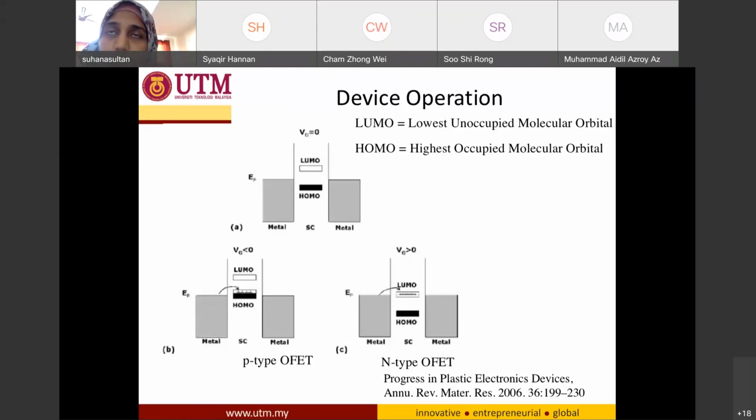In inorganic semiconductor, once electrons achieve a certain energy, they will just flow continuously. But for organic semiconductor, it requires higher energy. This is because of the structure of the atoms itself. If I show the structure later on, it is not ordered, not crystalline like the one that we have for silicon or other types of semiconductor.